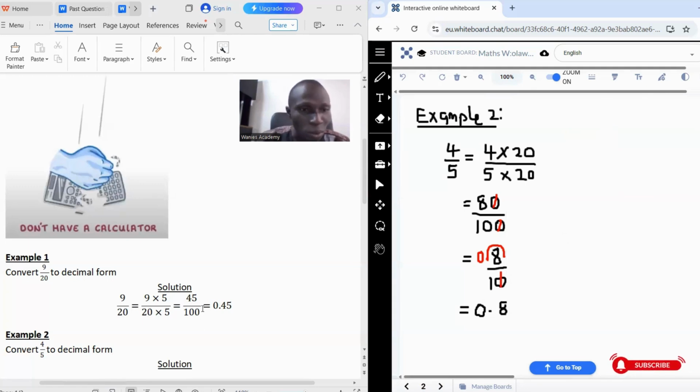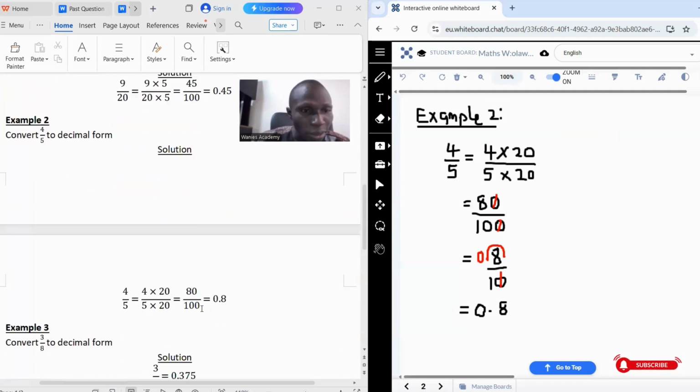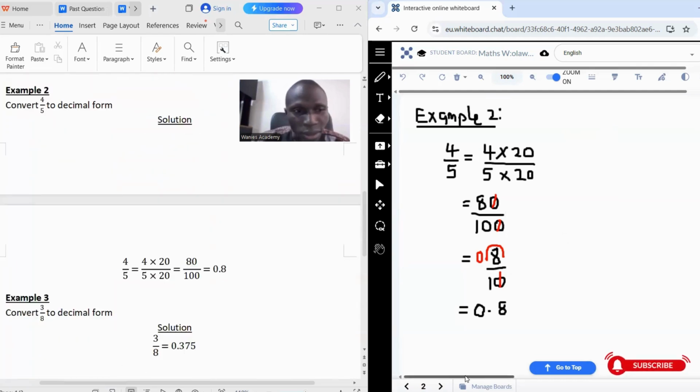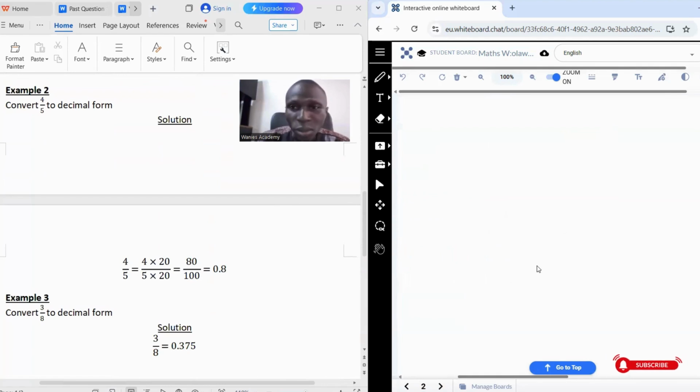Right, so we move to the last example for today. Here we are asked to convert 3/8 to decimal form. Here we're going to make use of long division.